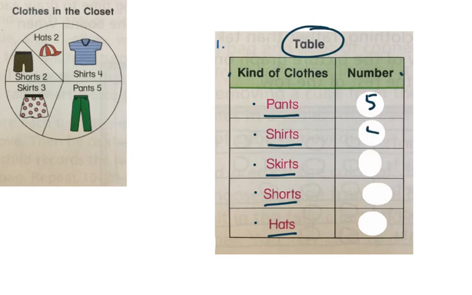Shirts, the number 4. Skirts, 3. Shorts, 2. And hats, 2. And that's it. The biggest thing to remember when you're making a table is to make sure those numbers match the word that you wrote down. Don't accidentally get them mixed up, like accidentally put 3 pants and 5 skirts, or something like that.